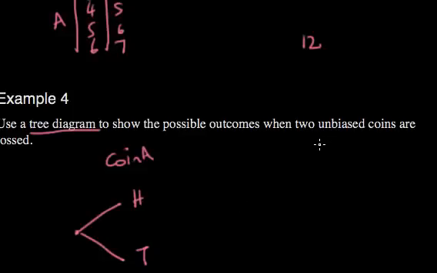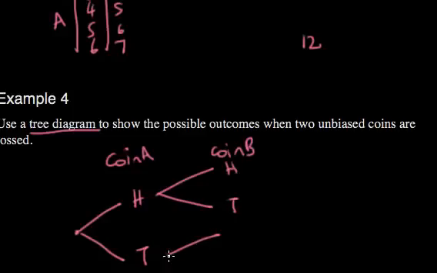And then we have to flip the second coin, which I'm going to call coin B. Well, after we get a head, we could get another head on coin B, or we could get a tail on coin B. Or if we got a tail on coin A and we flipped it, we could get a head on coin B or a tail on coin B.